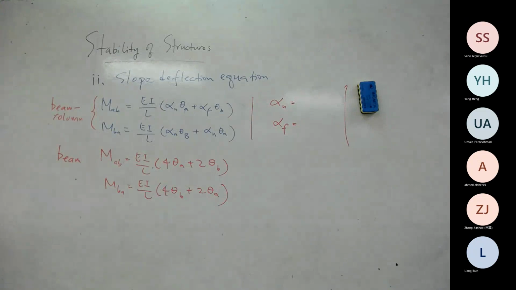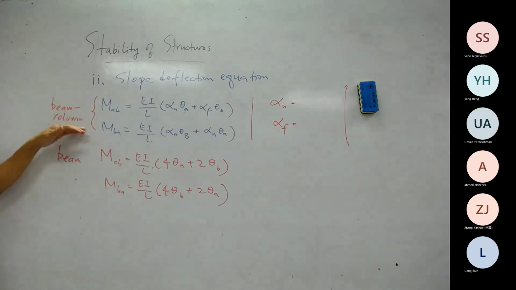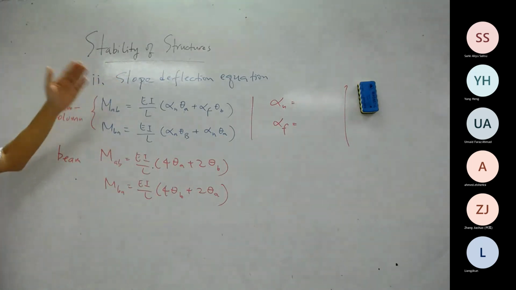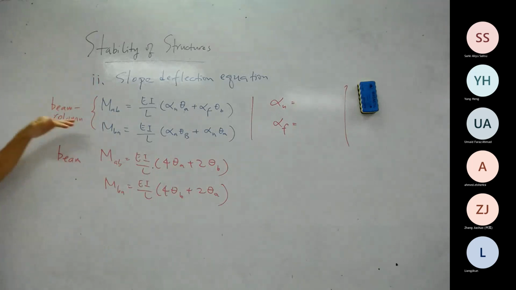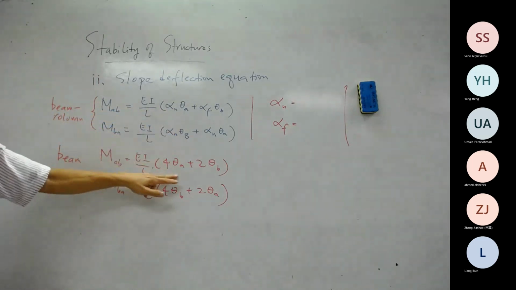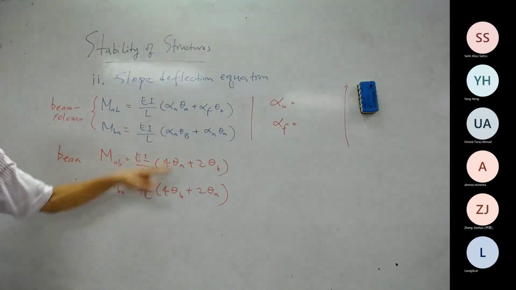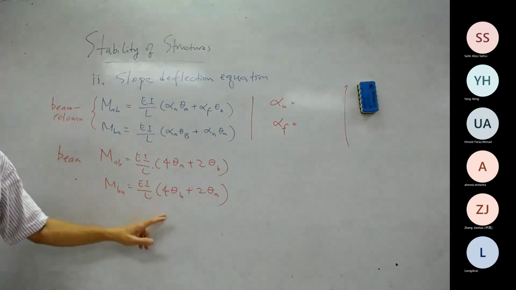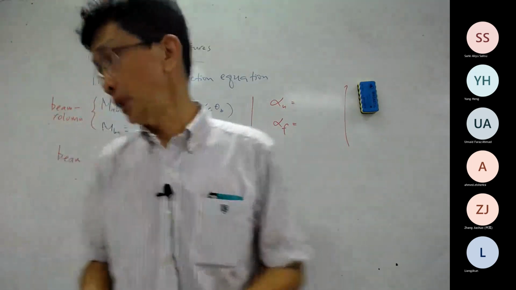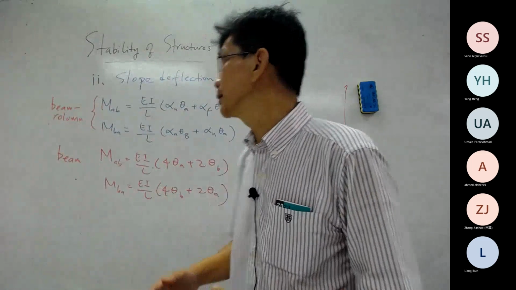So those are the basic equations that you need to be aware of. This is for a beam. There is no axial force in the problem that you need to solve using the slope deflection equation method. The alpha version is only used when you have axial force. When there is no axial force, the constants become 4 and 2. So that is the first basic set of equations that you need to be aware of.